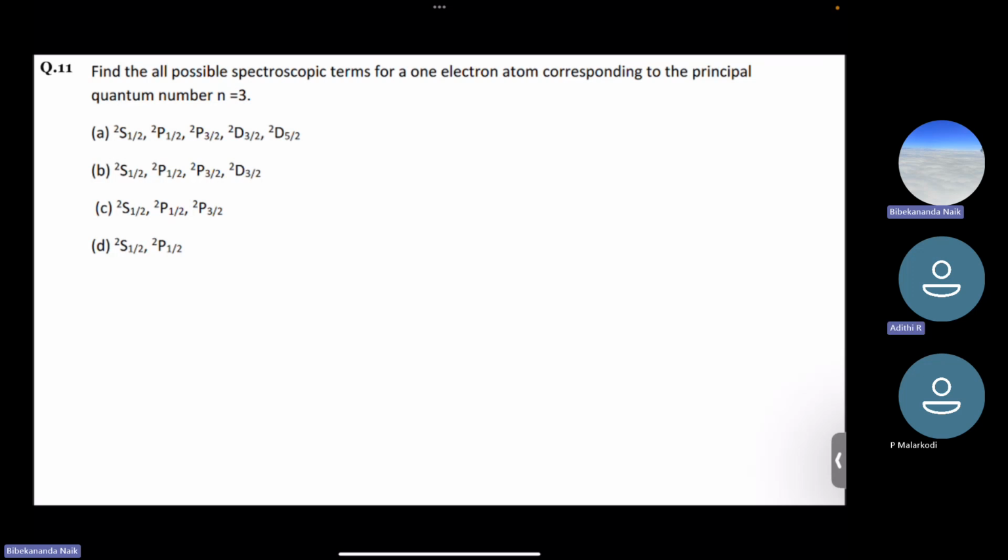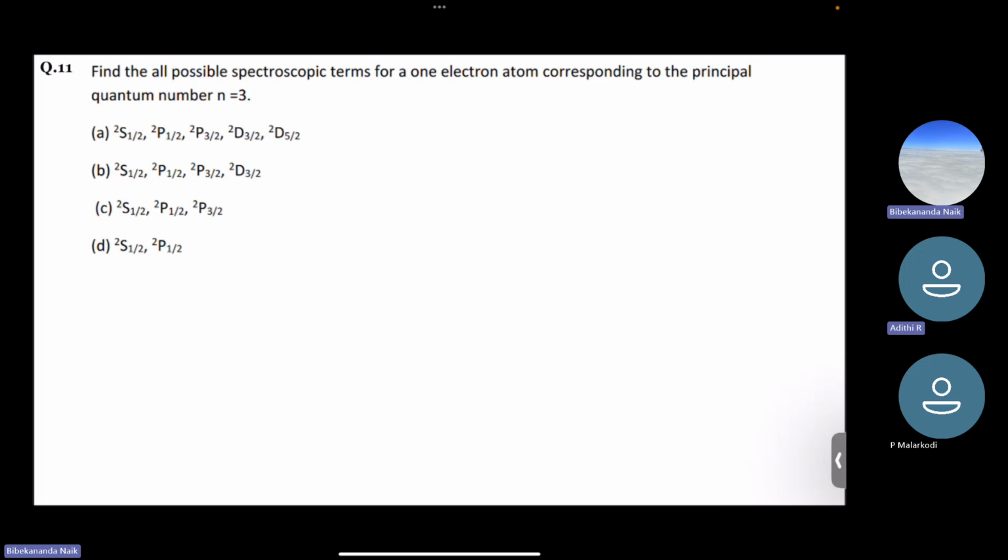Yes, sir. n is given to be 3, so the possible values of L will be 0, 1, and 2. Because it's given that it's a one electron atom, I took S is equal to half. Corresponding to L equal to 0, it is the s orbital, L equal to 1 is the p orbital, and L equal to 2 is the d orbital.